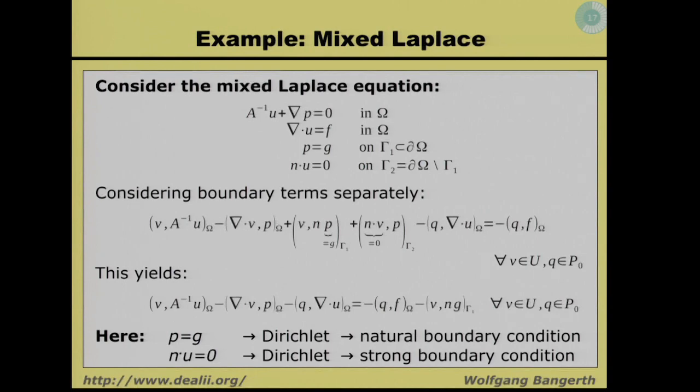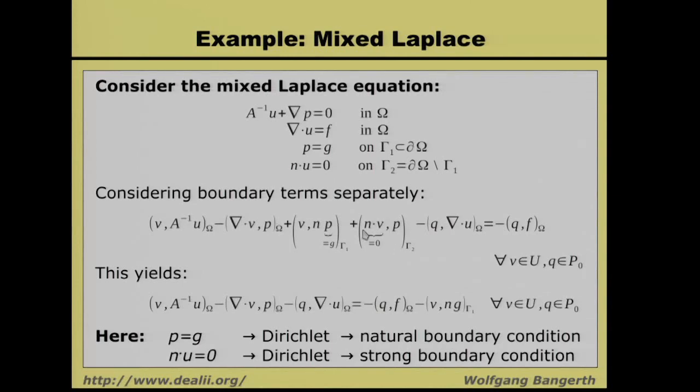So if I look at these terms again, I split the boundary into integrals on gamma 1 and gamma 2. On gamma 1, I can replace the pressure by g. So I replace this term here by g, and then it doesn't involve the solutions anymore, so I can bring it over to the right-hand side. And if n dot u equals something, then n dot v equals 0.